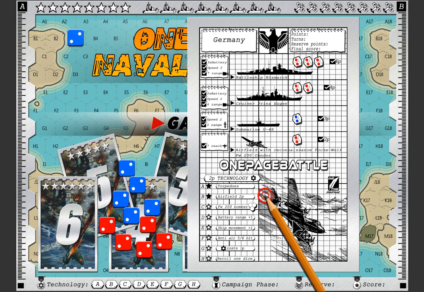The player cannot have more than 3 units of the same type on the map at the same time. What does it mean? It means that we cannot have, for instance, 4 U-boats, or 4 airplanes at the same time on our map.